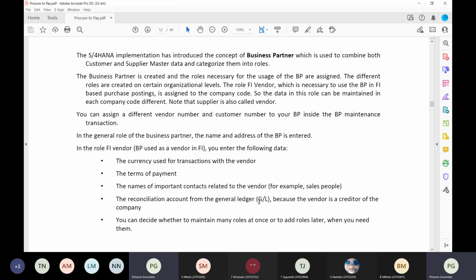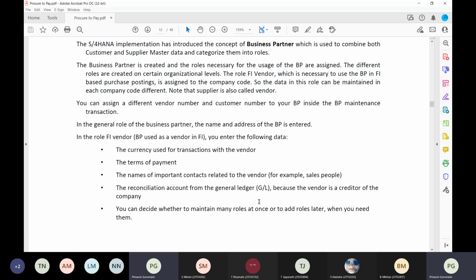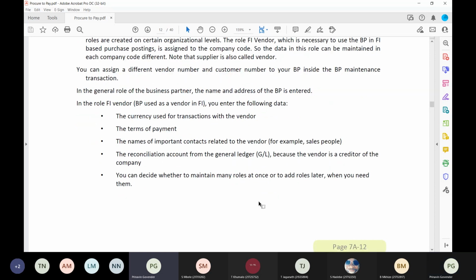The different roles are created on certain organizational levels. F1 vendor is necessary to use the BP in F1 based purchasing posting, and read. I'm going to forward this document to you so you'll be able to see it. In the role of the business partner, the name and address of the business partner is entered.